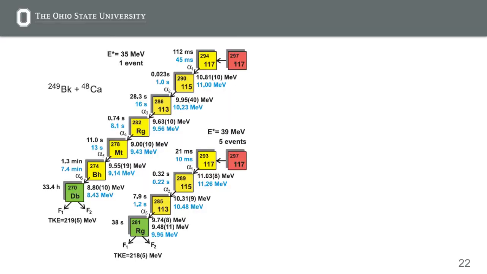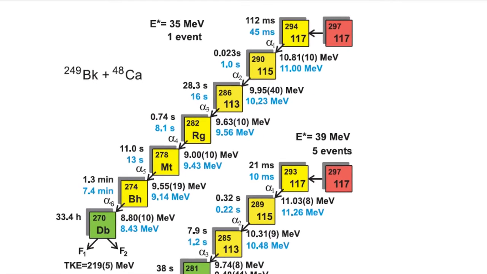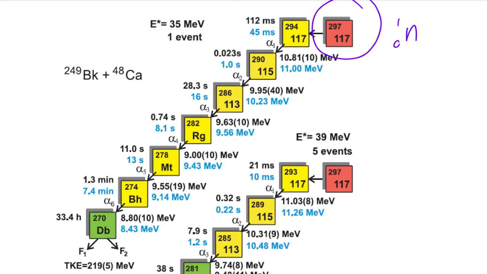This is the decay process. There's a couple of them for tennessine. This is tennessine-297, element 117. The first decay is the loss of 3 neutrons. So to go from 297 to 294, but keep the same atomic number, we lose 3 neutrons.